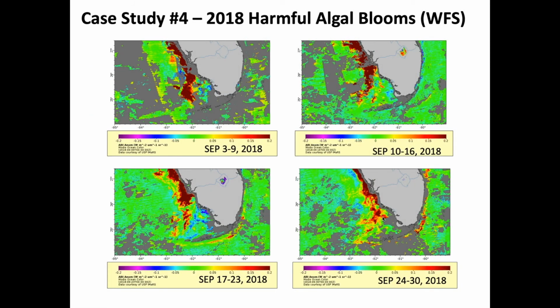And the last case study is the harmful algal blooms that I mentioned. That was in 2018. It started much earlier. These images are from the fall. It started in April and May, and then in August we saw a lot of impacts up here on the beaches.